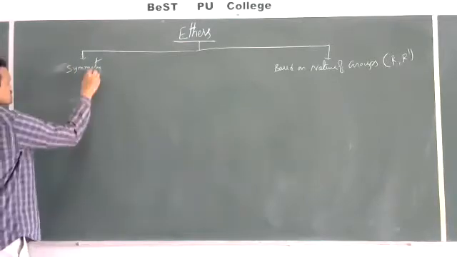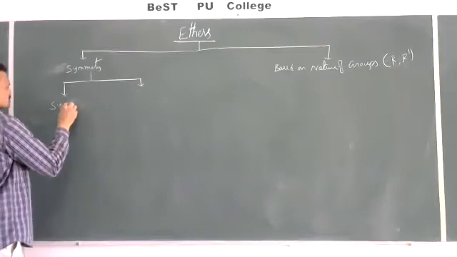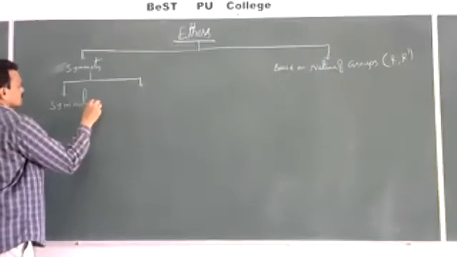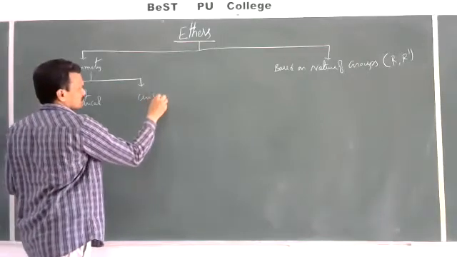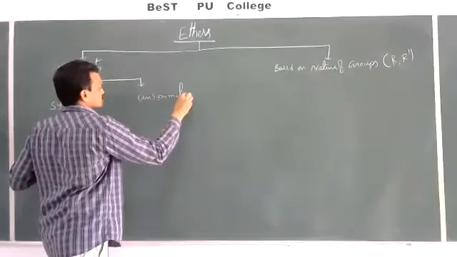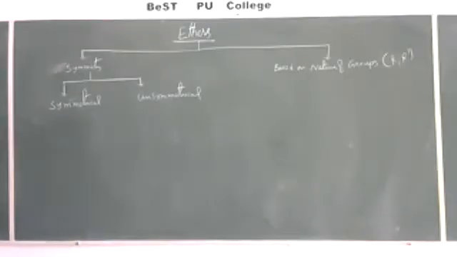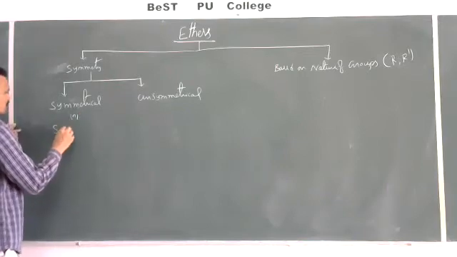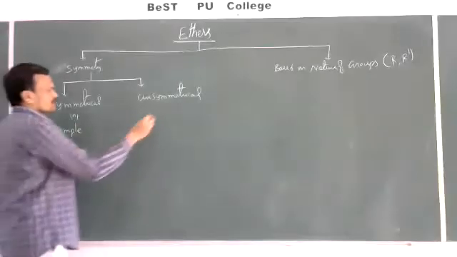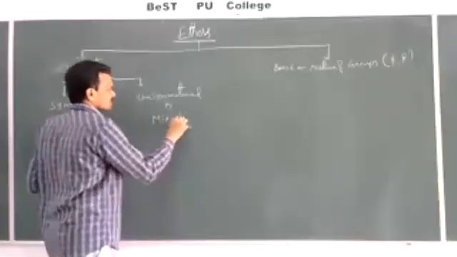Right. Based on symmetry, these are classified as symmetrical ethers and unsymmetrical ethers. And these symmetrical ethers are also called simple ethers. The unsymmetrical ethers are also called mixed ethers.